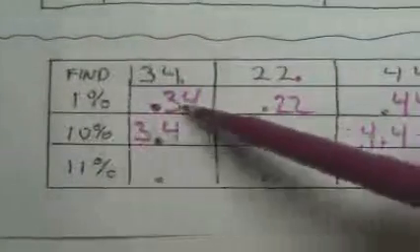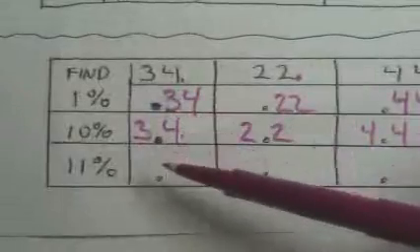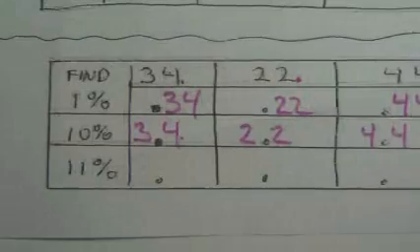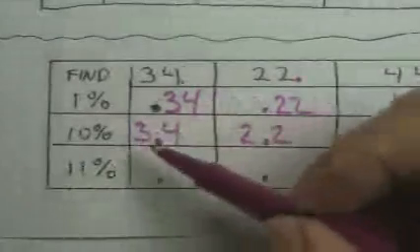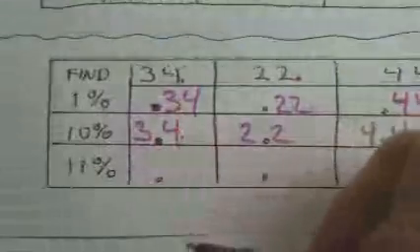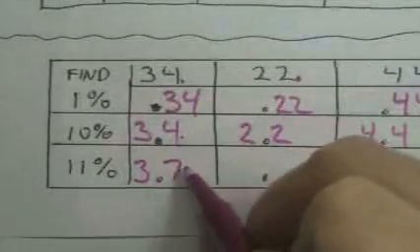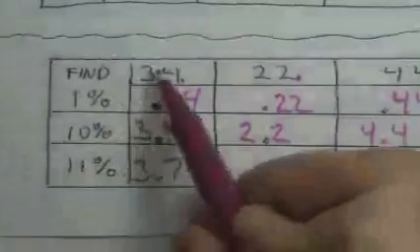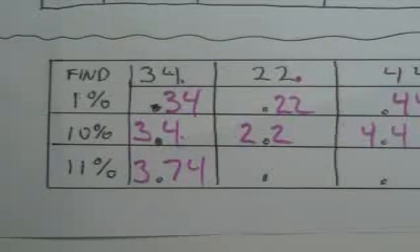In other words, I can add these two numbers together and get 11% of 34. Okay, so let's try that. If I add these together, that's 3.74. So notice that 11% of 34 is 3.74.